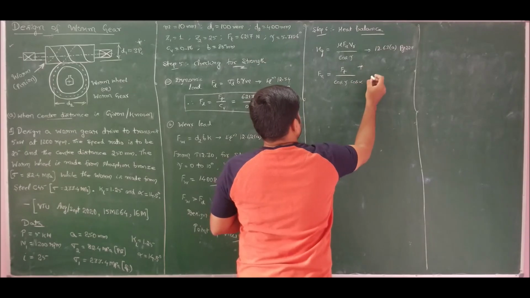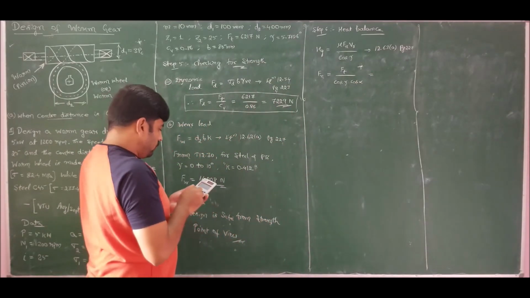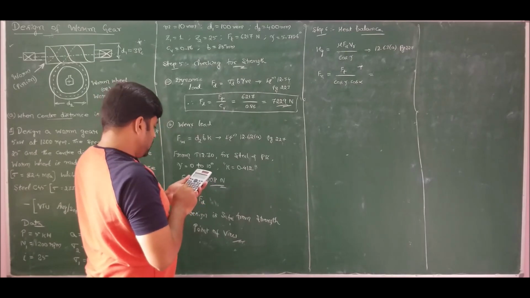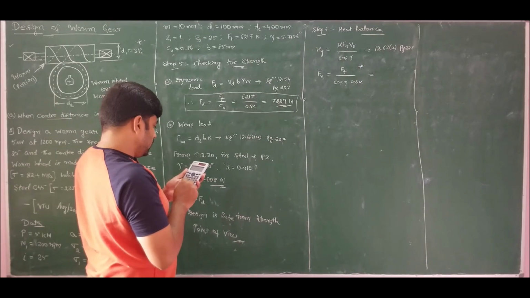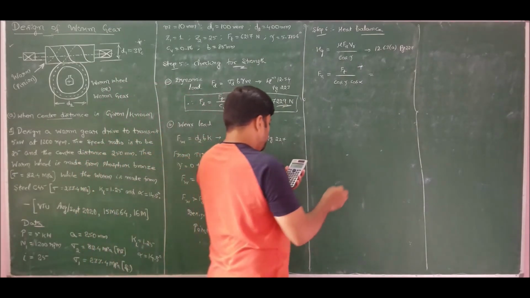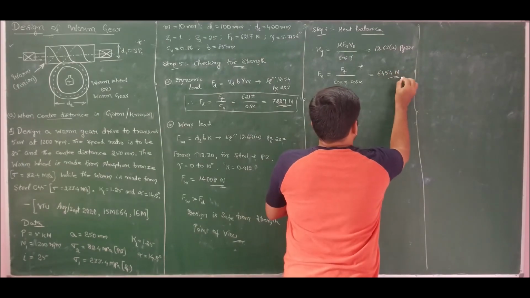Very important relation. So if I substitute and solve, I'll get normal force as Ft, which is 6217, divided by cos of gamma, which is 5.7106, into cos of alpha, which is 14.5 degree, which is turning out to be 6454 newtons I can take.